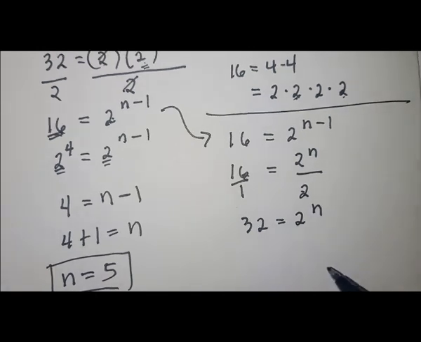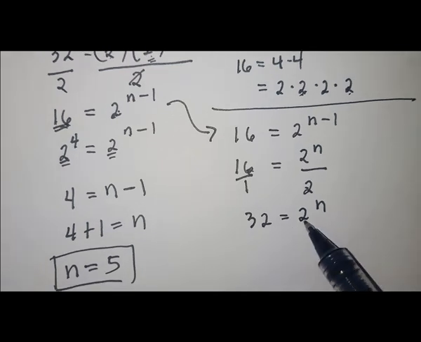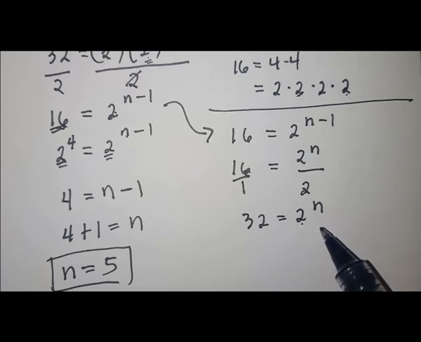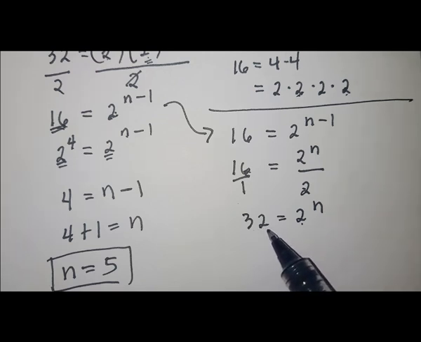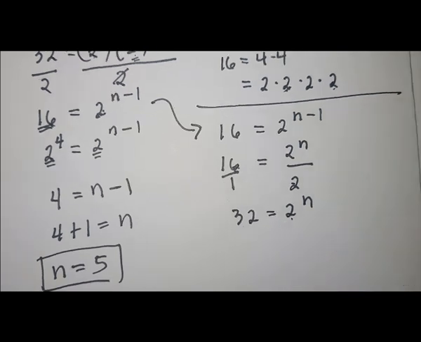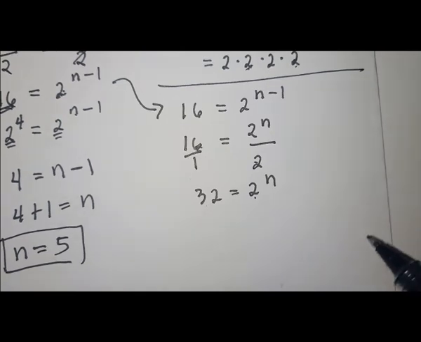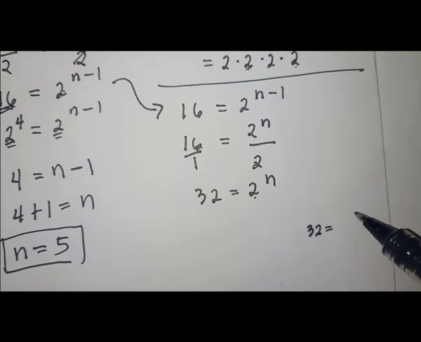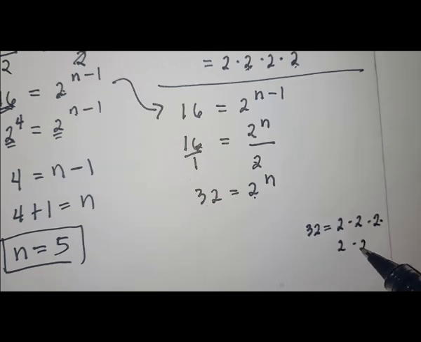Kaya nang ginawa natin kanina, yung 32, kailangan parehas sila ng base. So, ilang beses ba natin pwedeng i-multiply yung 2 sa sarili niya para maging 32? Pwede tayong mag-manual computation na pwede nating sabihin na yung 32, okay, yung 32 ay same ng 2 times 2 times 2 times 2 times 2.